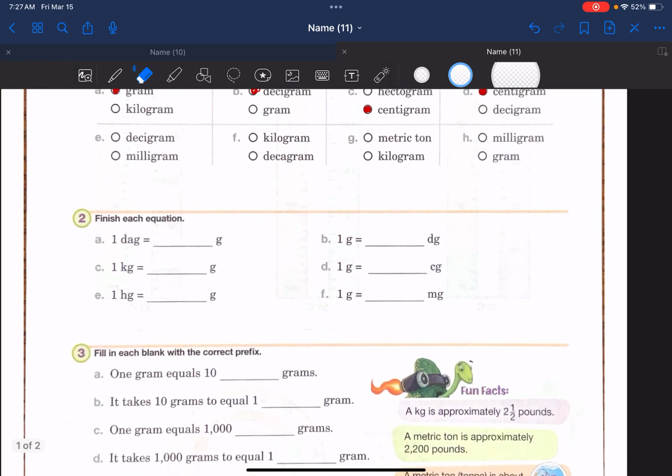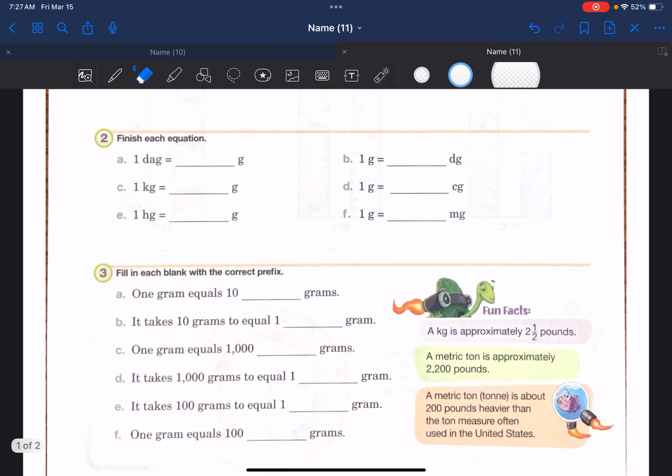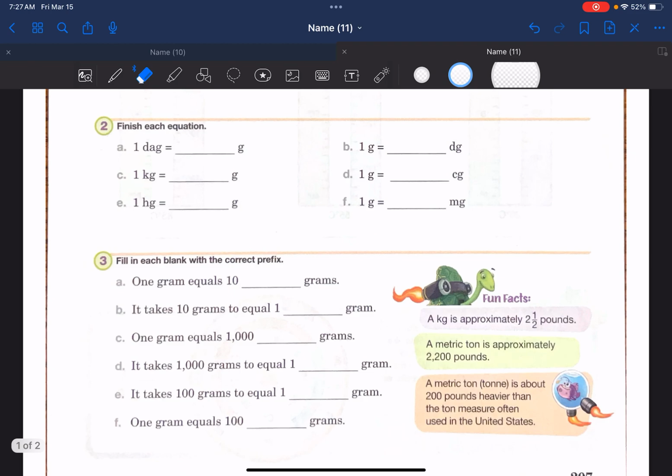All right, finish each equation. So these are all the same that you would have been having, like for decameter, you would have had decameter. For decaliter, it was decaliter. And then today it is decagram. So if you have 1 decagram, think about decade, it means you're going to have how many grams? 10.